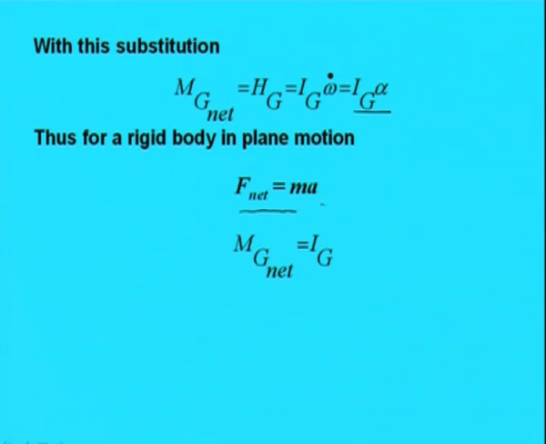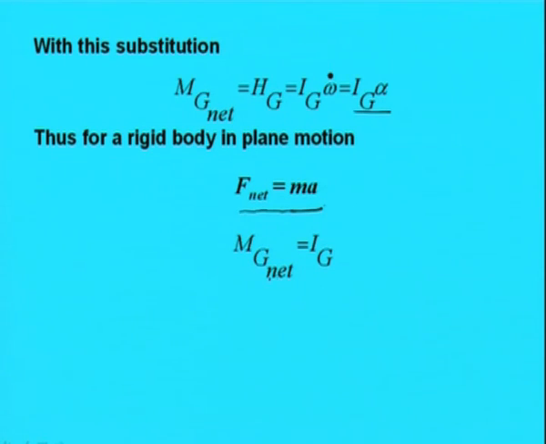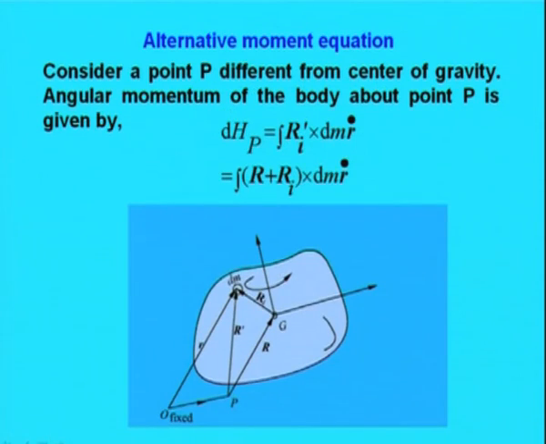F net is equal to ma, that is a vector equation. You can have two scalar equations: F net in x direction is equal to mass times acceleration in x direction, and F net in y direction is equal to mass times acceleration in y direction, and Mg net is equal to Ig alpha. So these three equations are enough to determine the motion in a plane.